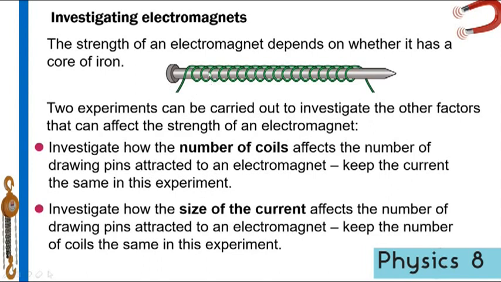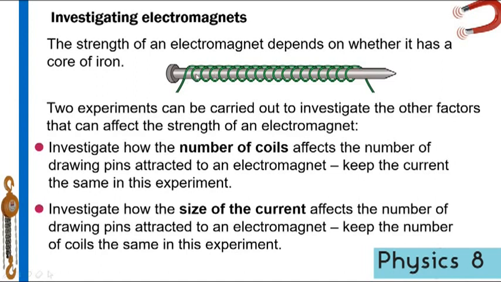Here you can see that we have an electromagnet which has been formed by wrapping this coil around a core of iron, in this case a nail. What we're going to do is pass a current through this coil of wire and generate a magnetic field, and we're going to see exactly how many drawing pins can be attracted to this electromagnet, and that's dependent on the number of coils of wire.